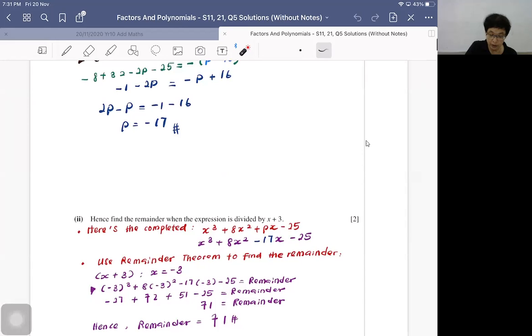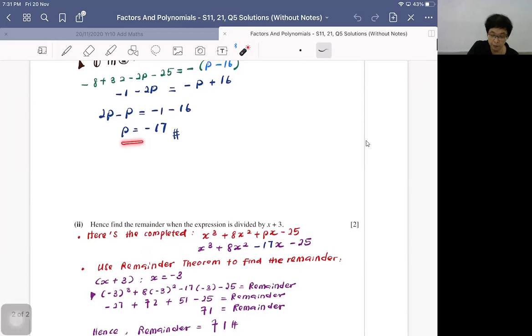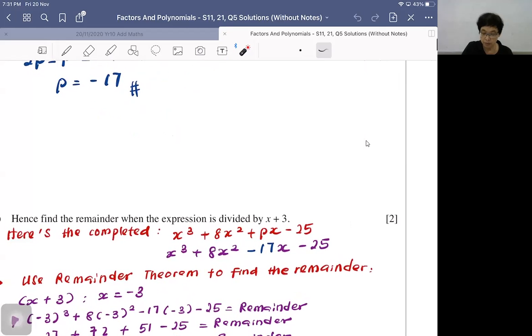Therefore, with the p-value that you get as negative 17, here's the completed polynomial. The question given had p unknown. Now you have solved for p and substituted the p-value, and you get a completed polynomial.